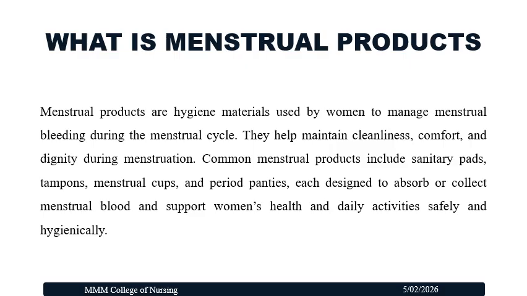They also help to maintain cleanliness and comfort, and give dignity to a woman during menstruation. The common menstrual products nowadays are sanitary pads, tampons, and a few women are using menstrual cups and period panties, each designed to absorb or collect menstrual blood and support women's health and daily activities safely and hygienically.